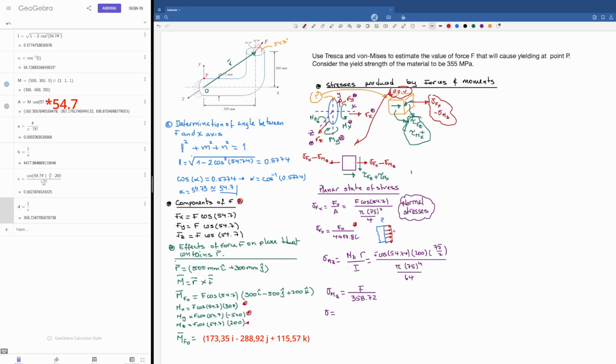This is the normal stress caused by the force aligned with the x-axis. Why? Because this force is pulling this section, and that creates a normal stress like this in this section.